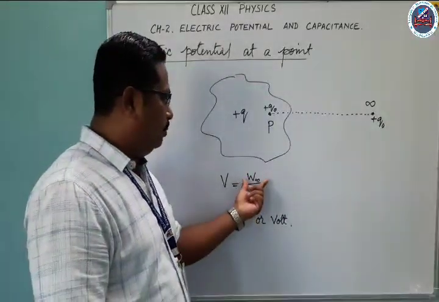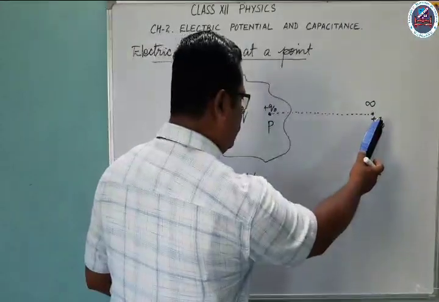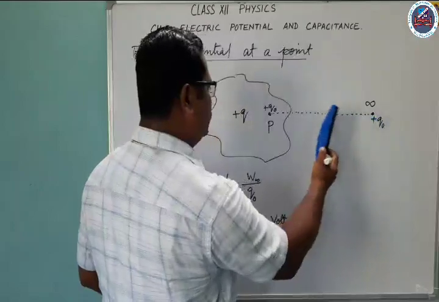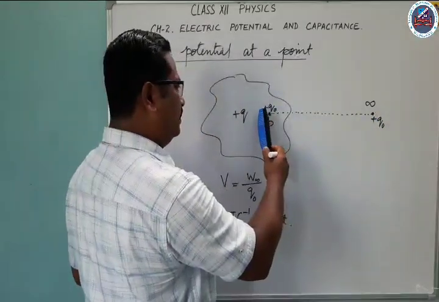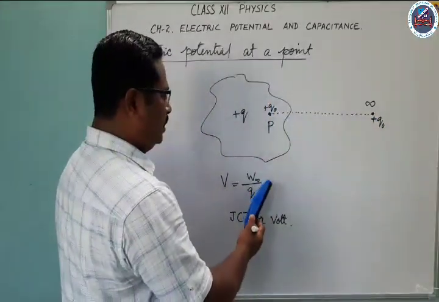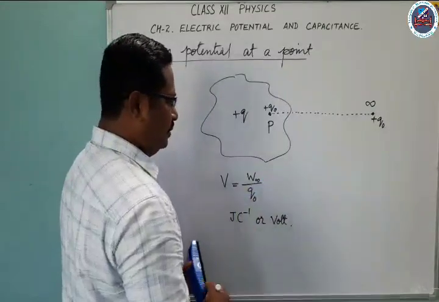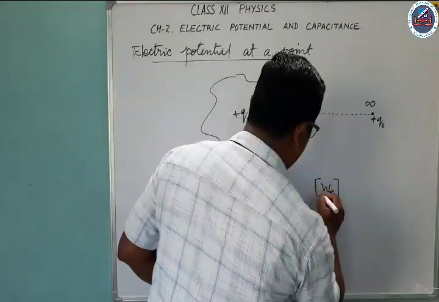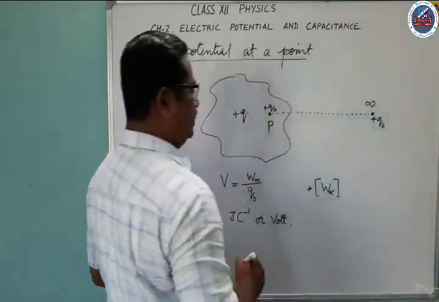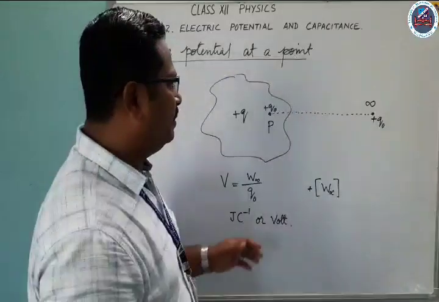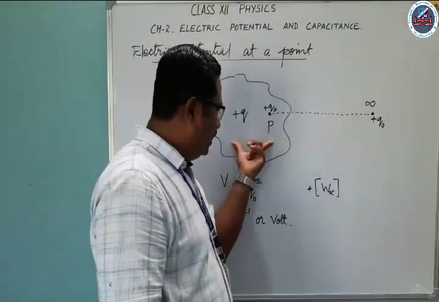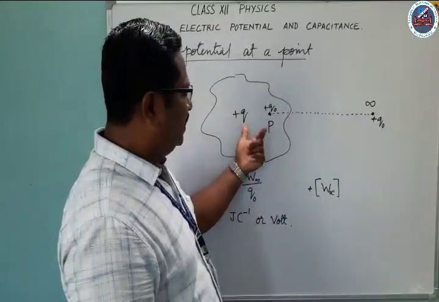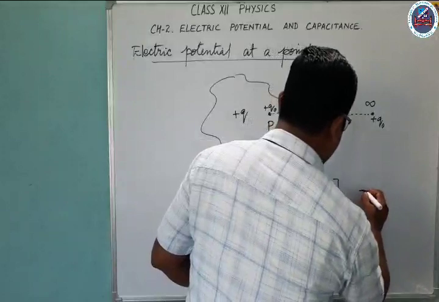If the work is done by an external force to bring this test charge Q naught from infinity to this point, then the work done will be positive. Whereas if the work is done by the electrostatic field, by the electric charge, then it will come out as negative.